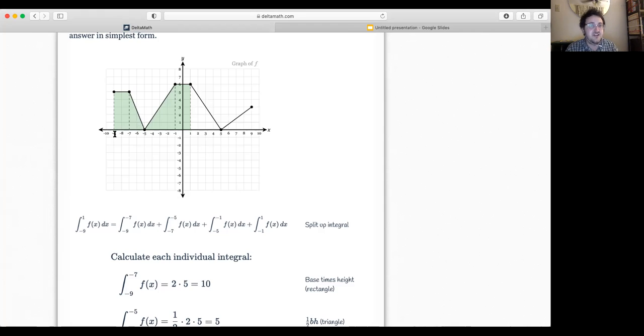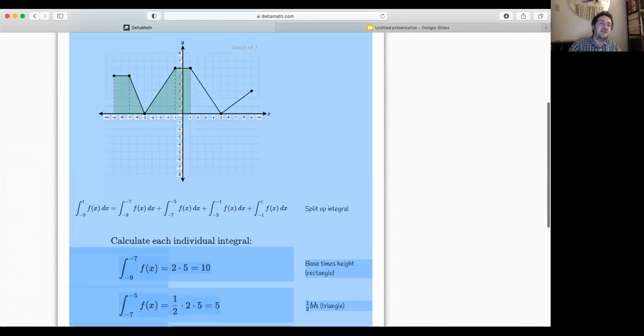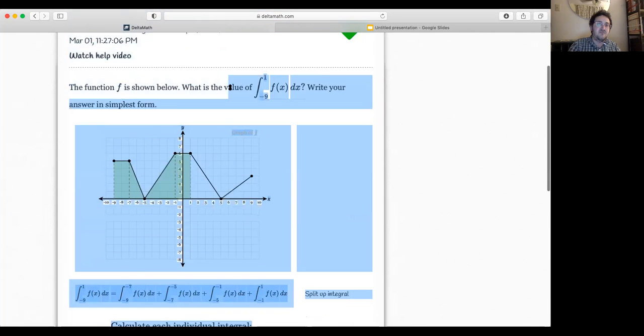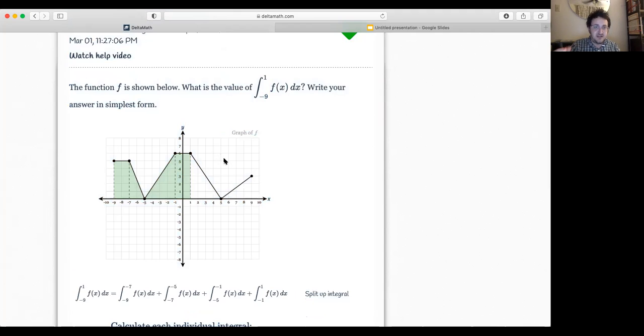So it's like taking the integral from like -9 to -7, and then from -7 to -5, and -5 to -1, and so on. And what they do is they actually just compute the 4 areas. So they actually, as kind of an alternative route, did the 2 rectangles and 2 triangles.